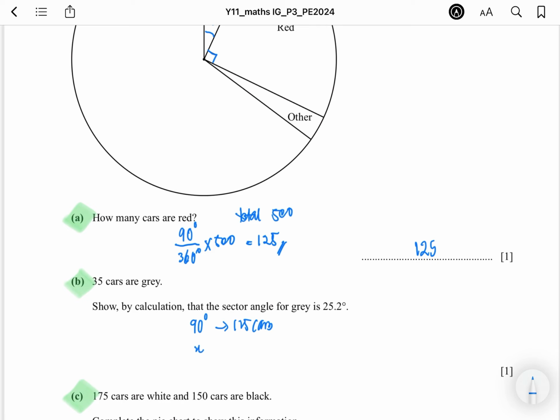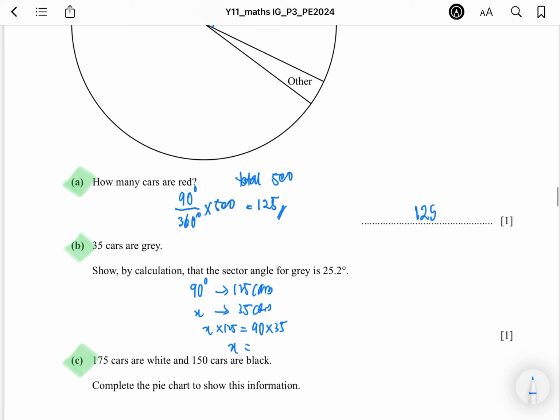So how many degrees corresponds to 35 cars? So x times 125 equals to 90 times 35. Divide both sides with 125 and you would get, you calculate it, 25.2, which is what the answer is already given. So it's shown.